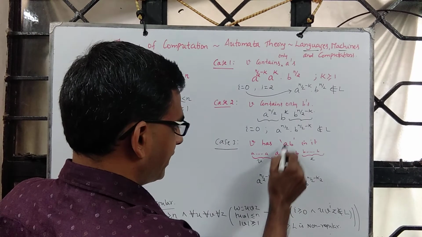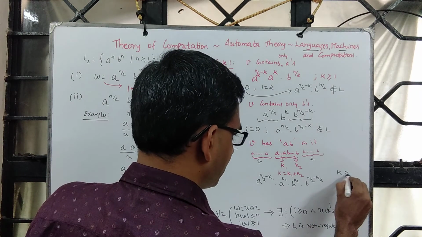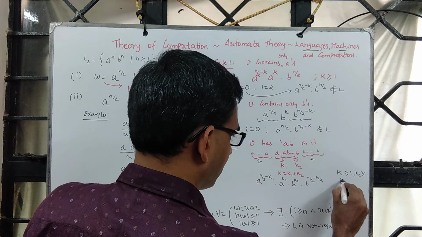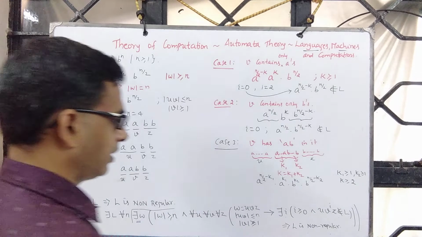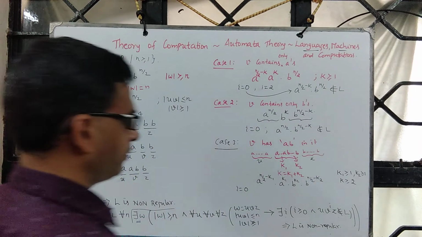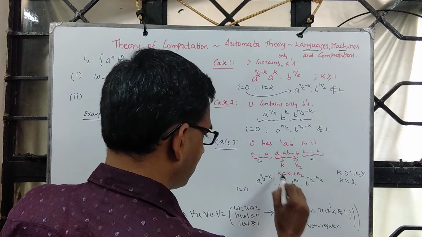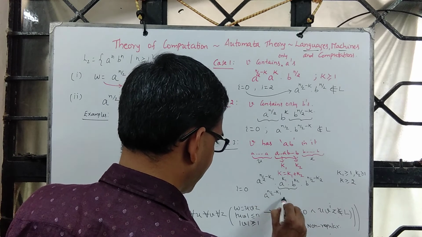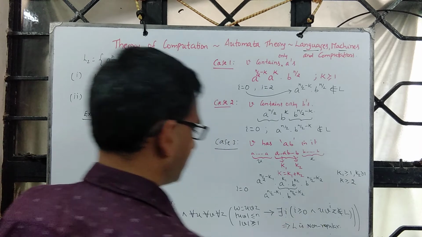Remember, it has a and b in it, which means k1 is at least 1, k2 is at least 1, therefore k is at least 2 in this case. Here again choose i to be 0, which means this part will disappear. So we get a power n by 2 minus k1 times b power n by 2 minus k2.